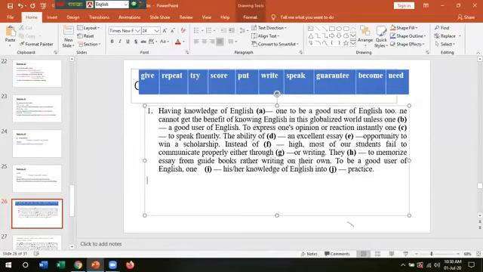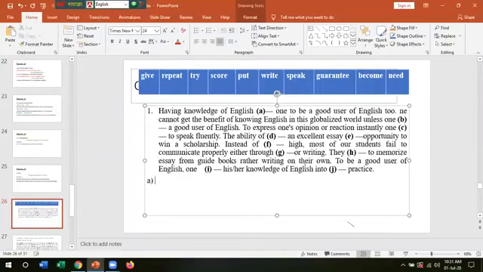Having knowledge of English dash one to be a good user of English. What can be the answer? Guarantees. You have just picked up the word, but it will be in the negative sense.